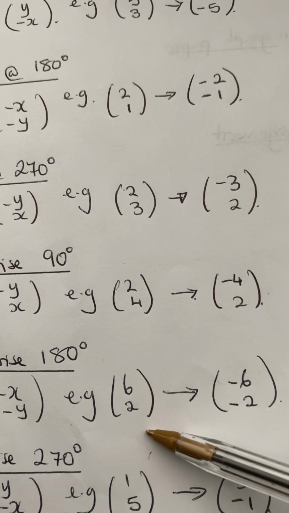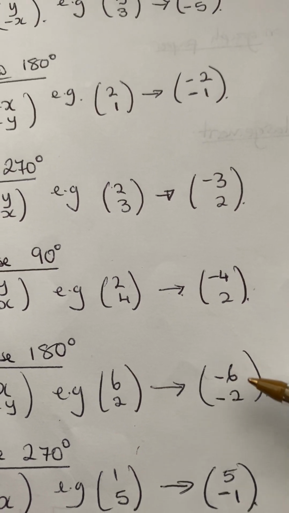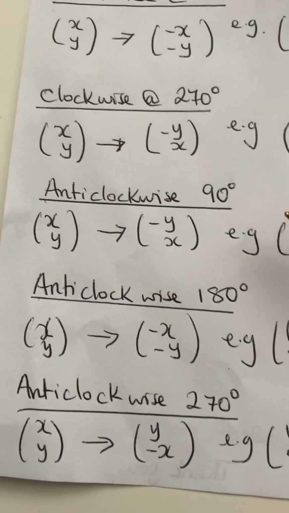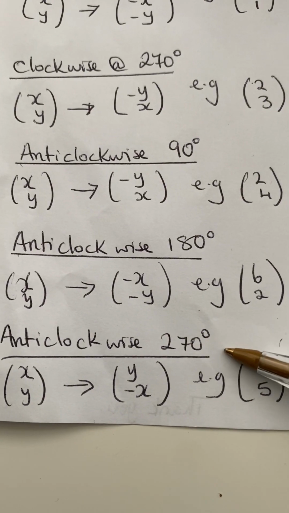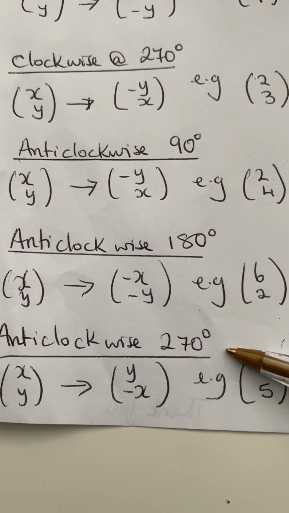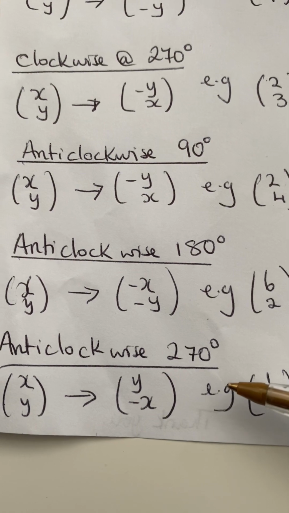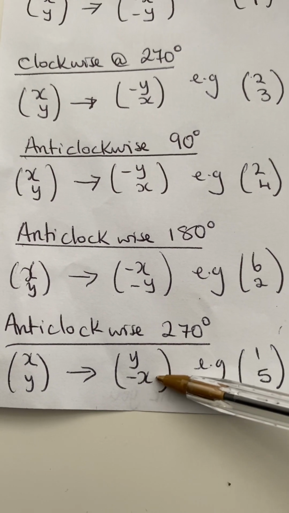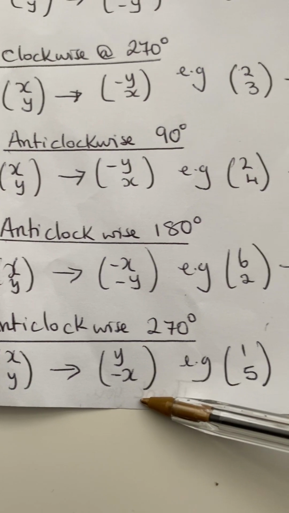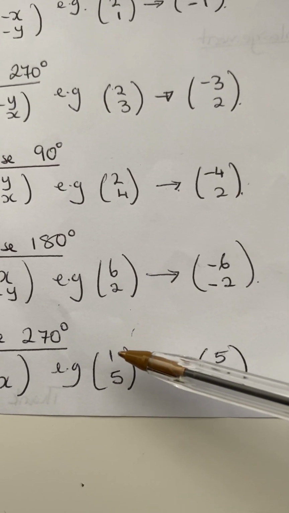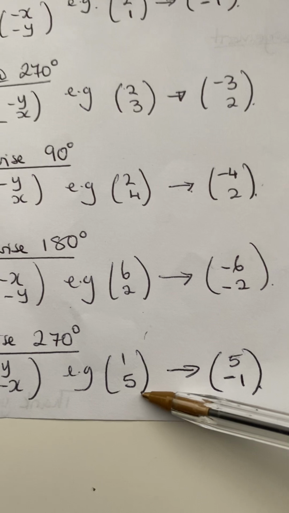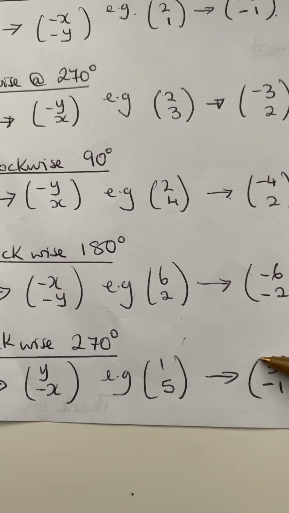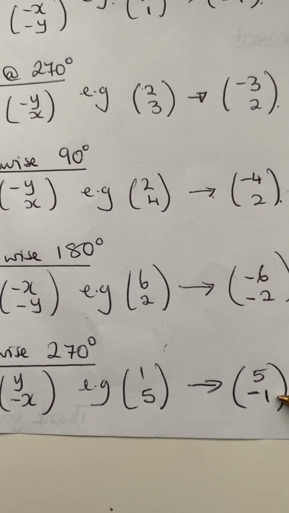So (6, 2) will be (minus 6, minus 2). Anti-clockwise 270 degrees, all these are in degrees: (x, y) will become (y, minus x). So if you have the point (1, 5), it becomes (5, minus 1).